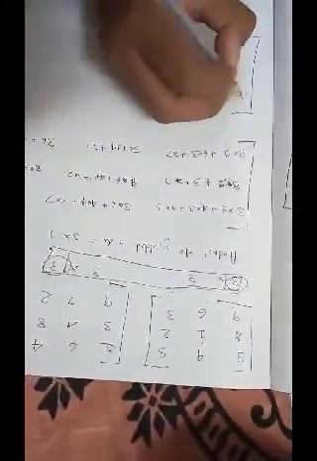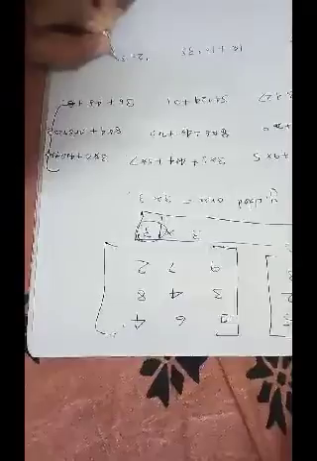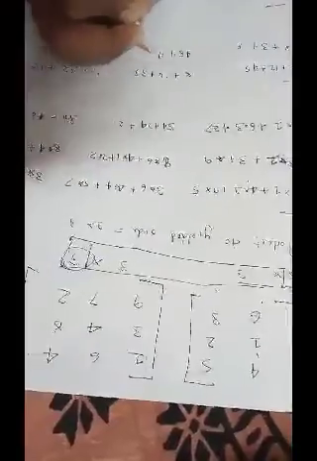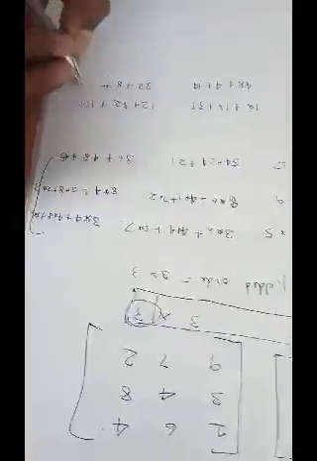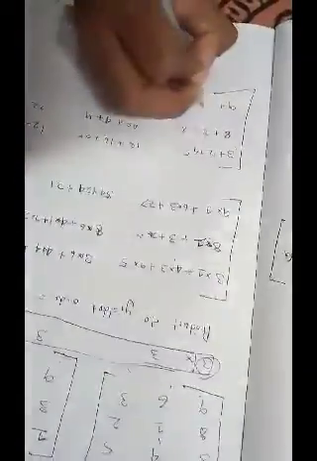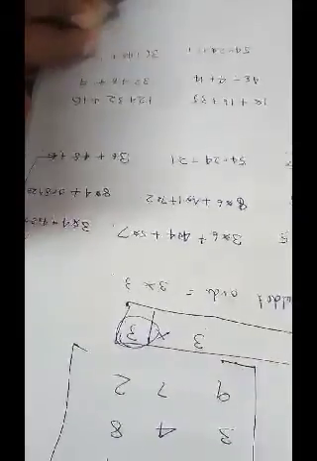So let us do a quick calculation and sum it up. 3 plus 12 plus 45 over here, 18 plus 16 plus 35, 12 plus 32 plus 4 into 5, 5 into 2, 10. So here it will be 8 plus 3 plus 18. Here it's 48 plus 4 plus 14. 32 plus 8 plus 4. 9 plus 18 plus 27. 54 plus 24 plus 21. 36 plus 48 plus 6.